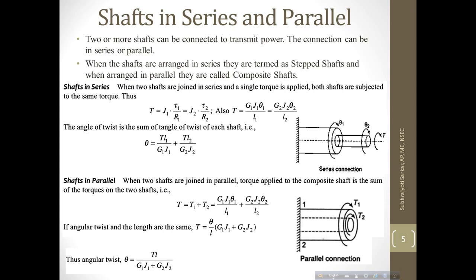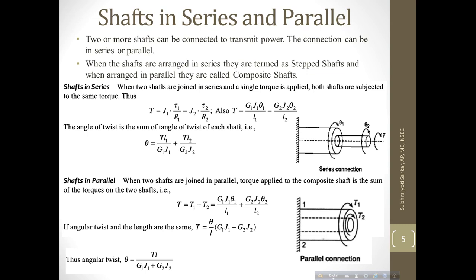So first, the shafts in series. When two shafts are joined in series and a single torque is applied to both the shafts, that means you apply the torque only once, and that torque is applicable to both the shafts. So both the shafts are subjected to the same torque, but due to their sizes, in addition to the application of the same torque, the twist angle varies.